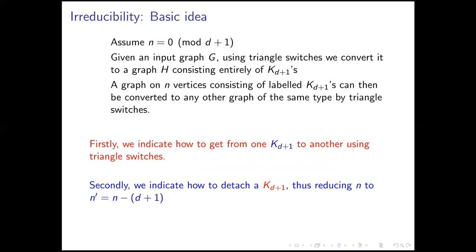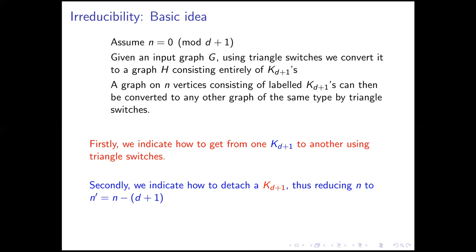So firstly, in this talk, we're going to indicate how to get from one complete graph to another using triangle switches, because the basic idea is to go through the space of complete graphs on d plus 1 vertices.